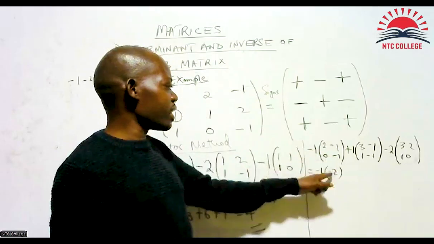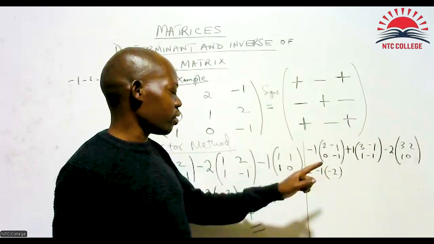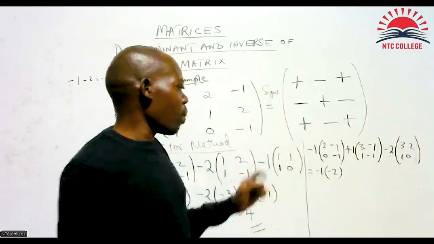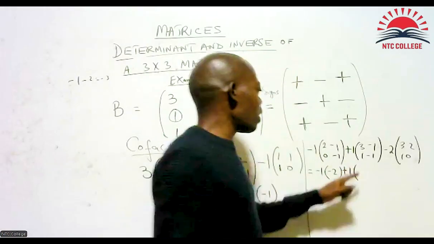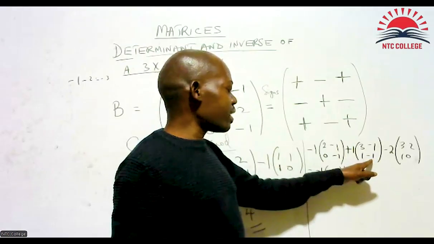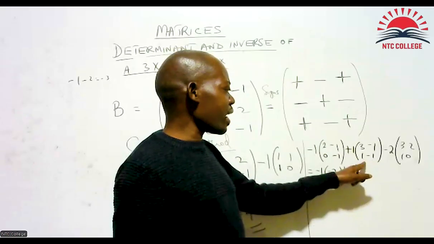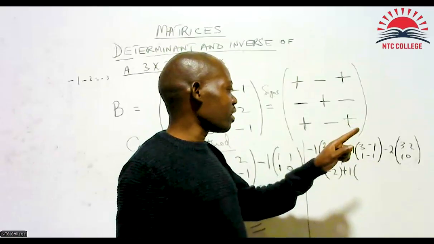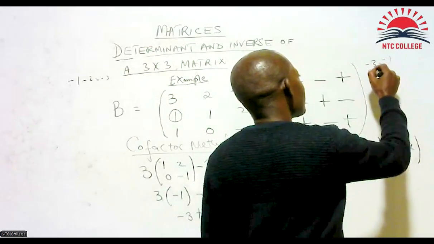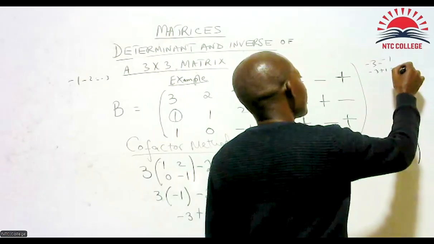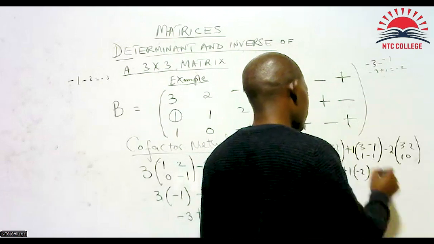Plus 1 into 3 times -1 is -3. -3 minus -1 reads, -3 plus 1, and that is -2. So the bracket here is -2.